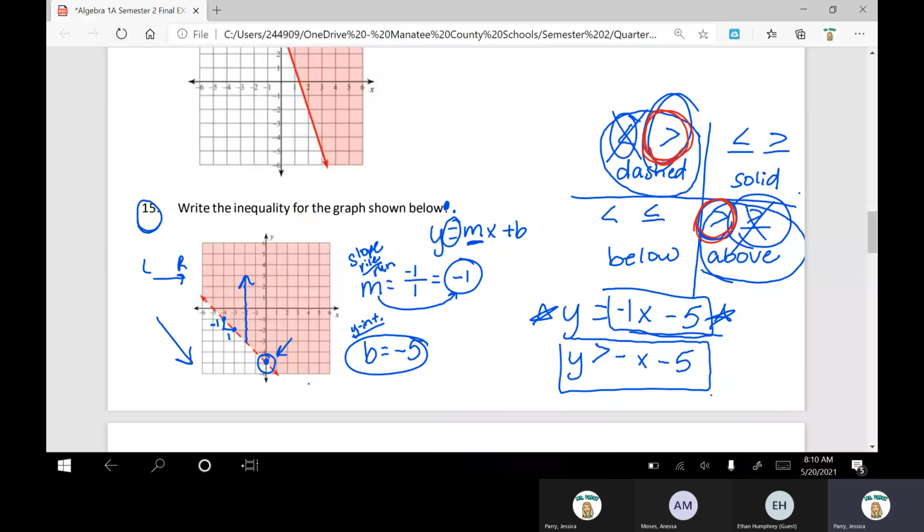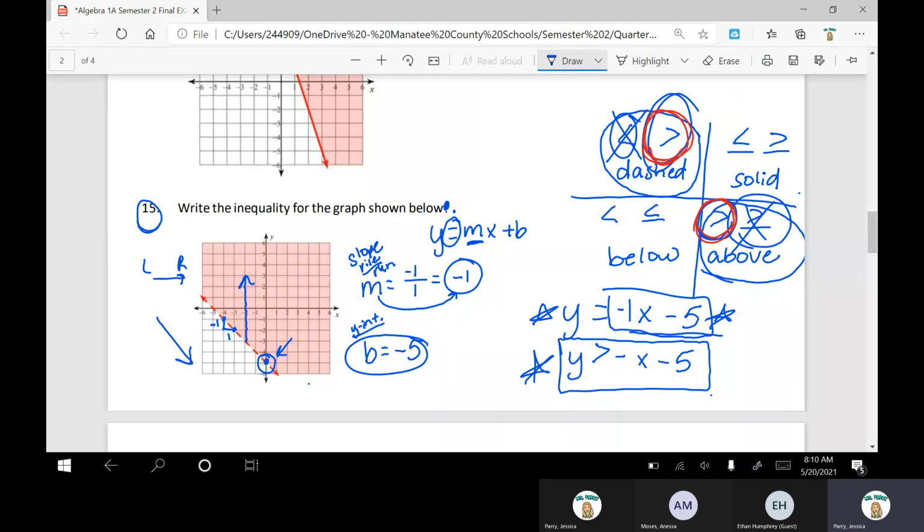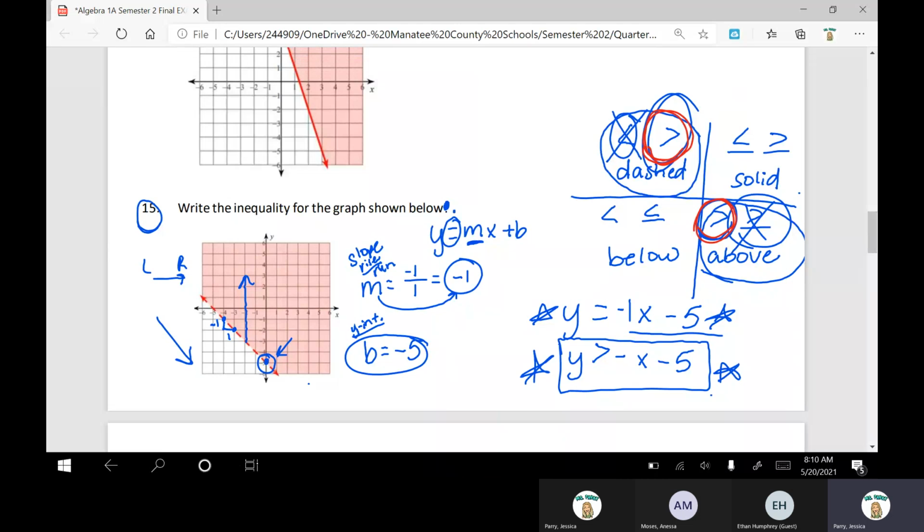So this would be your final answer here. There's not a 1 there, but if I wanted to, I could put 1 there, and it's the same exact thing. But this most simplified version would be this one here. The Y is greater than -x minus 5. That would be your answer, the inequality for the graph shown here.